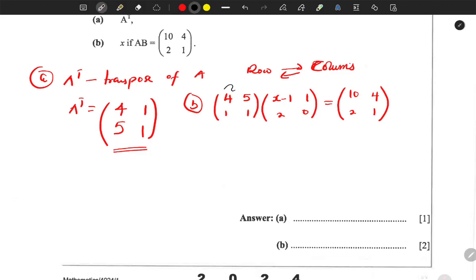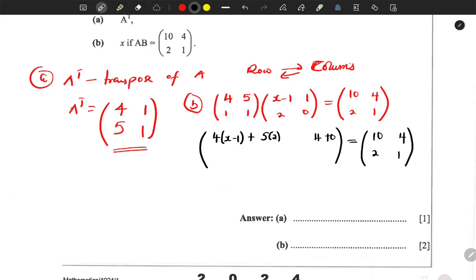Let's go. 4 multiplied by x minus 1, plus 5 times 2. We are done with this row, we go to the next. 4 times 1 is just 4, then 5 times 0 is just 0. Remember, this is equal to 10, 4, 2, and 1.